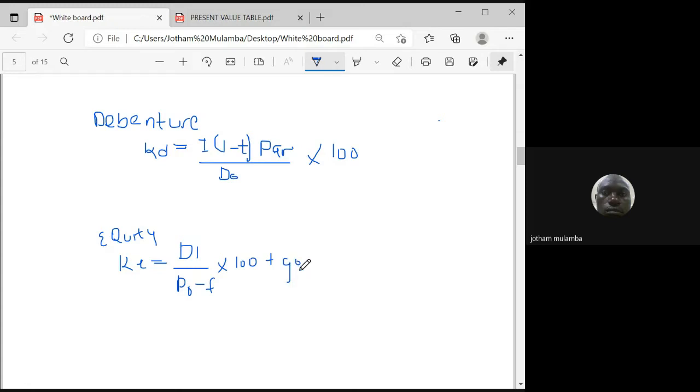So let's substitute. Let's get from the question, who has identified D1, the dividend on ordinary shares? Anybody who has seen the dividend?